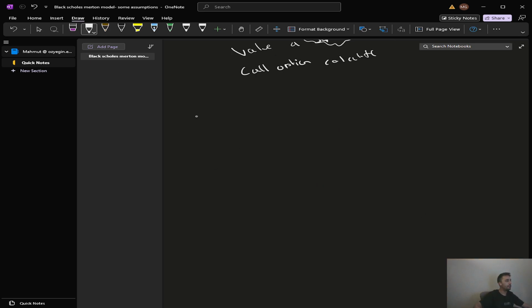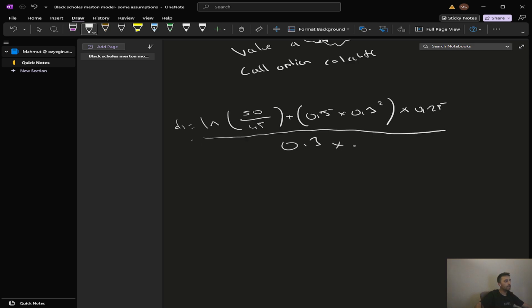Then let's implement the formula. d1 equals ln of price over strike, 50 over 45, plus 0.05 plus 0.5 times 0.3 squared, times T, over sigma times square root of T. Let's calculate it.